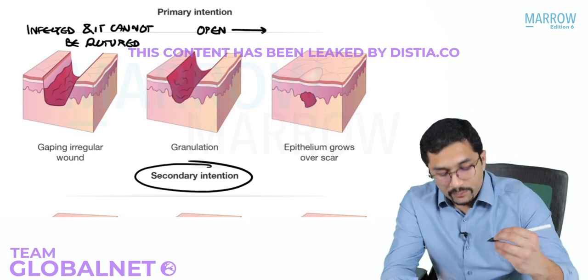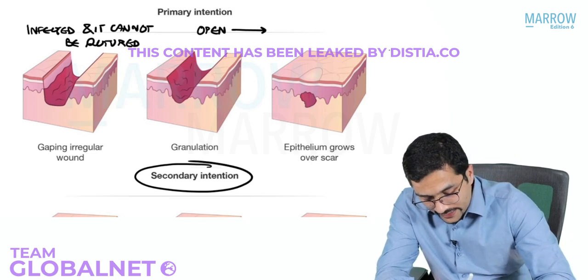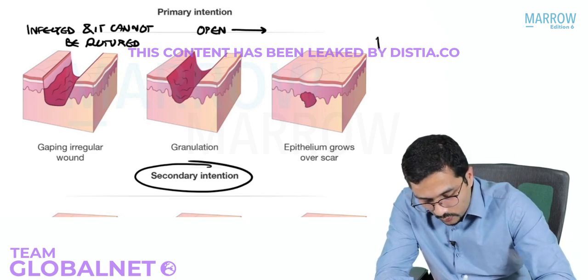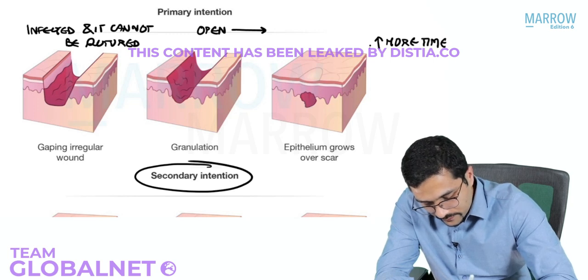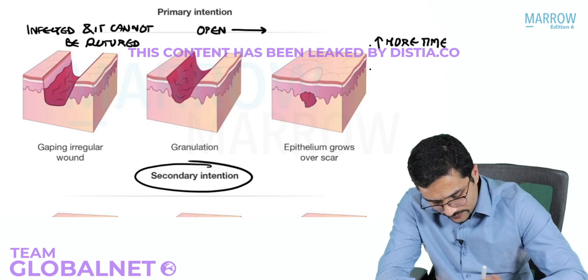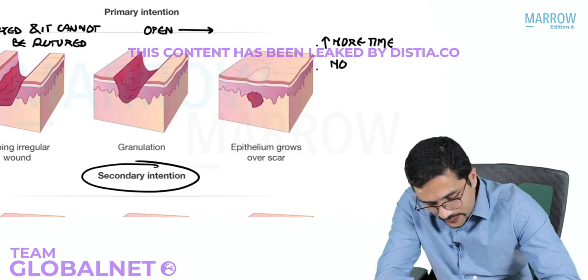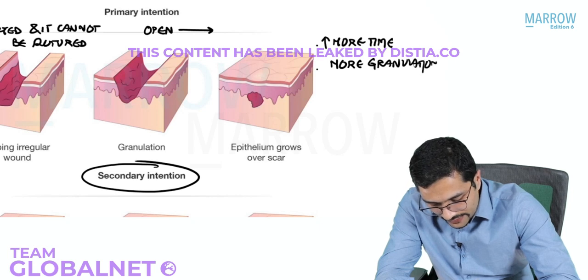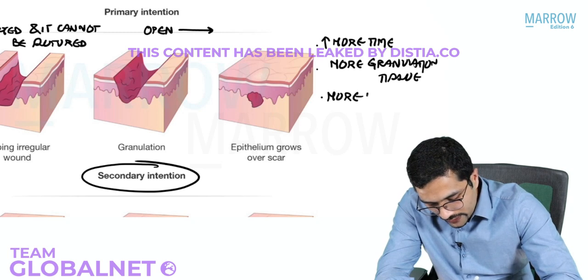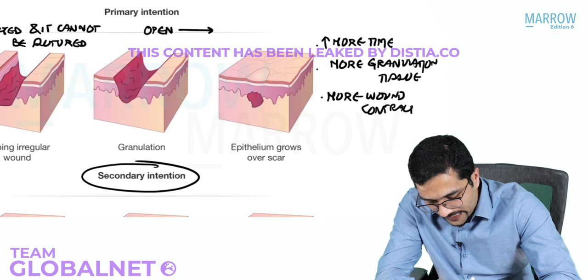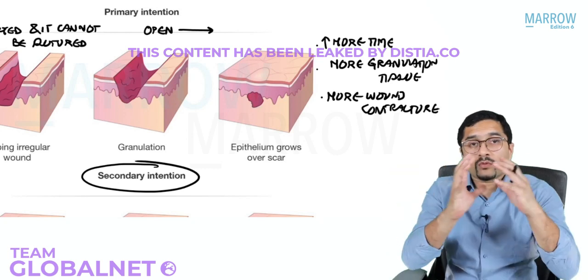Now, you have read in pathology that healing by secondary intention takes more time. It is more time consuming than healing by primary intention. There is more granulation tissue. There is more wound contracture. The myofibroblasts are acting here and there will be more wound contracture.